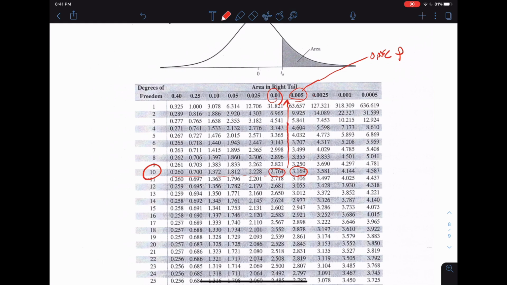That's really sloppy. We're going to say this p-value is in between 0.005 and 0.01. Okay, and that's going to actually be our answer.